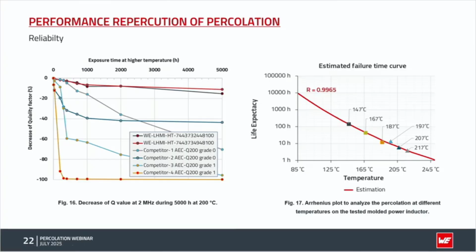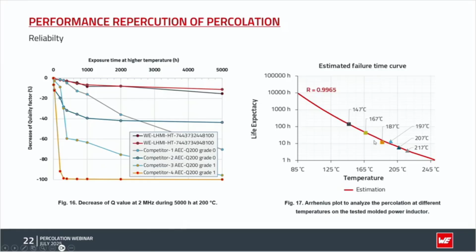So maybe it's something that we can handle, but we are totally transparent with you that the phenomenon can appear if you expose the components to higher temperature. Then comes the question from some customers: okay, but that means there's nothing to do for me, because I only operate my parts around 40, 60 degrees plus self-heating, no more than 100 degrees. Then we repeat the test at different temperatures.